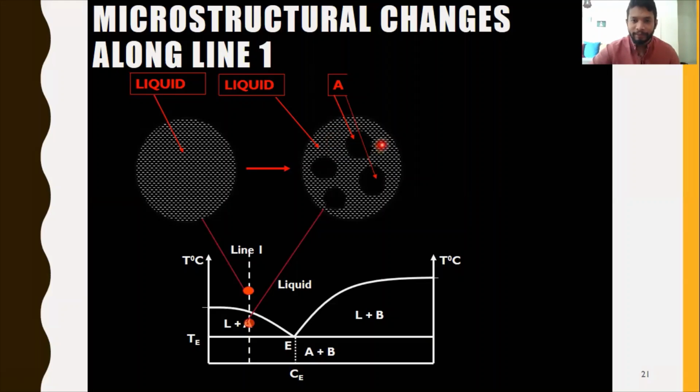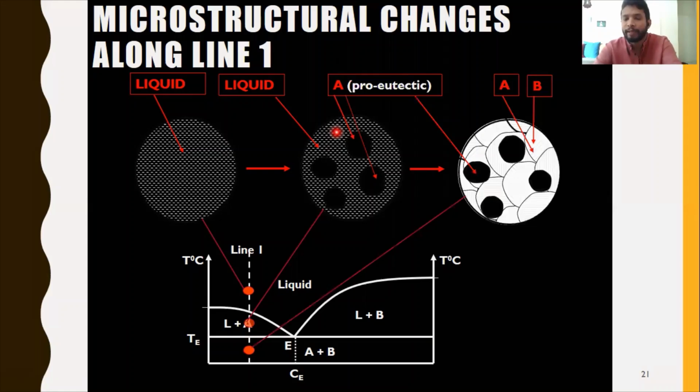Once it passes the eutectic temperature, within a very short time, the A and B in this liquid will form the earlier structure of the eutectic. We call this pro-eutectic A because it forms before that.